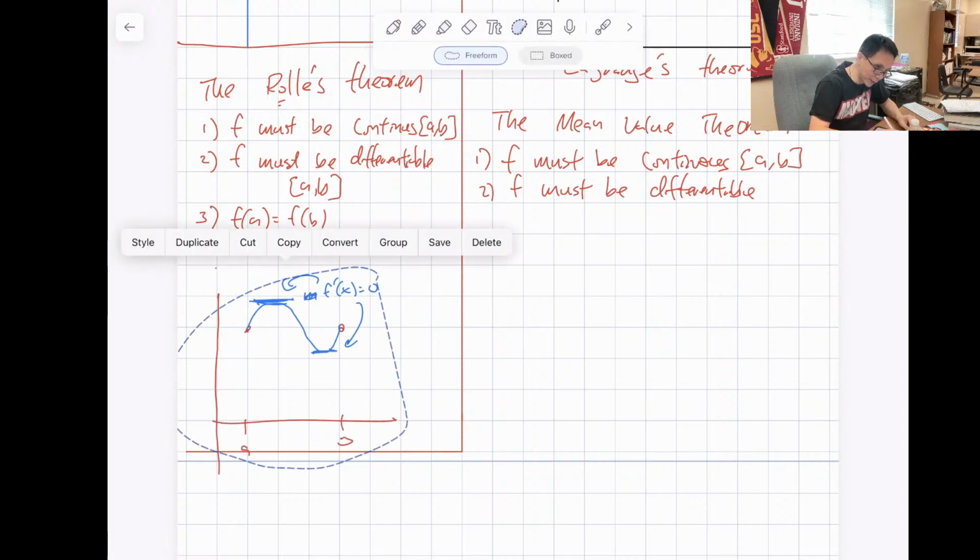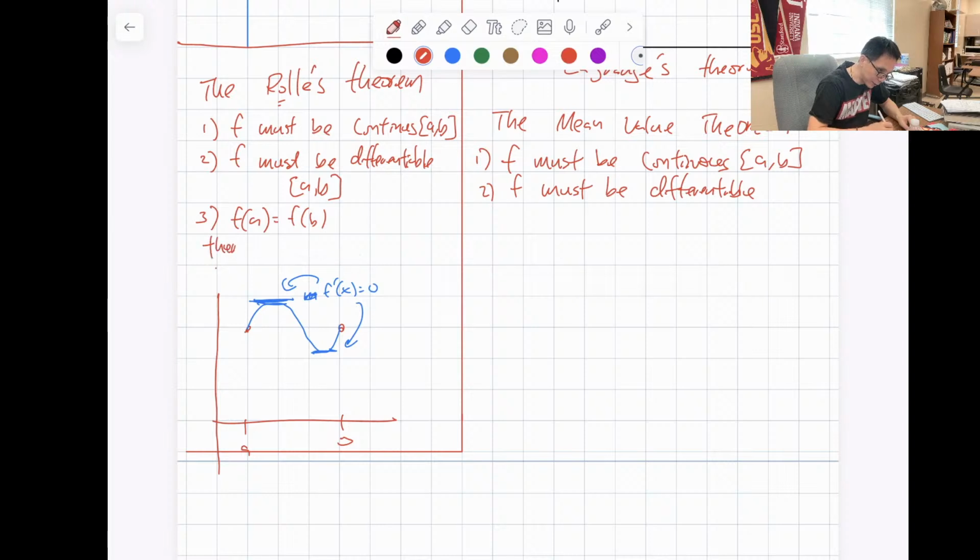The result is there is a value, at least one value c, in interval A, B, not including the endpoints, where f prime of c is equal to 0.